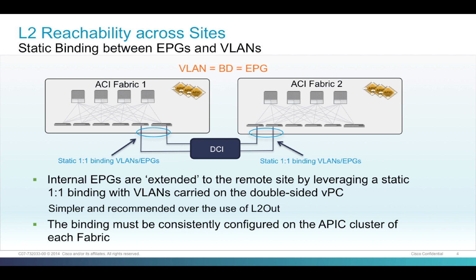It's very simple. It's easy to configure. It's a static binding that we perform simply to extend the EPG towards the other data center utilizing a VLAN. Keep in mind, you have to stick to consistency. So if your endpoint groups are defined in both data centers, obviously they should map to the same VLAN to get the connectivity between the endpoint groups working correctly.